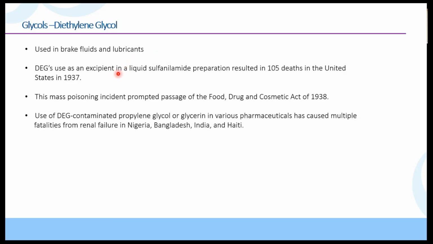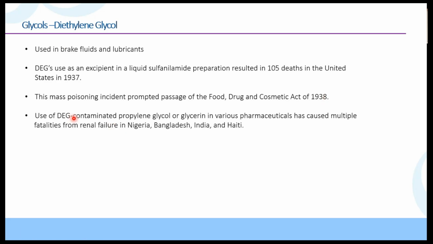It was used as an excipient in liquid sulfanilamide preparation, which resulted in 105 deaths in the United States in 1937. I think this was the first reported case of a mass poisoning. Because of this incident, it led to the passage of the Food, Drug, and Cosmetic Act in the US in 1938.